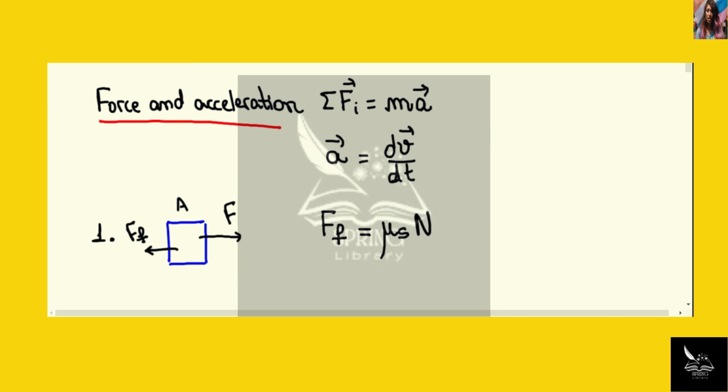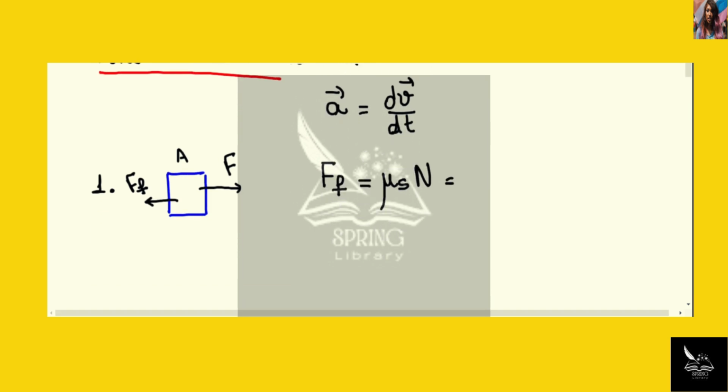And the normal force in this situation is just the mass of the block times g. Because remember that there is a force of gravity, mg, acting downwards on the block, and there is also a normal. So for the forces to be balanced, the normal force needs to be equal to mg.